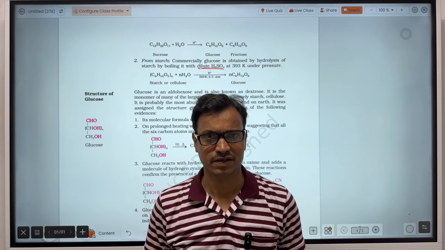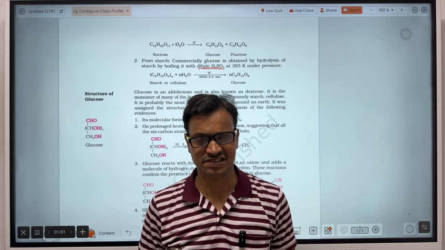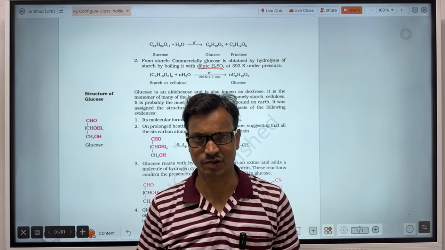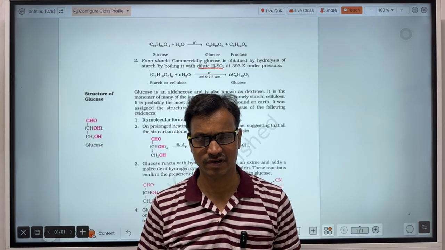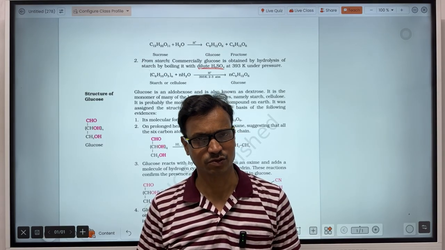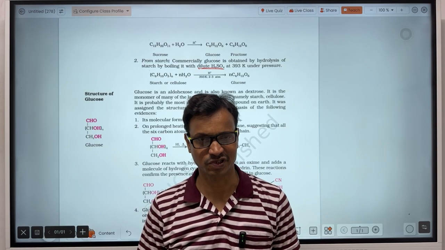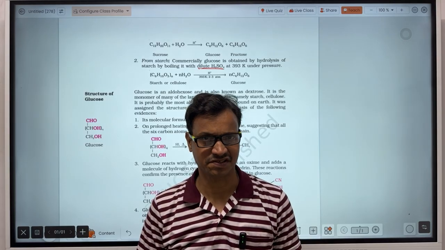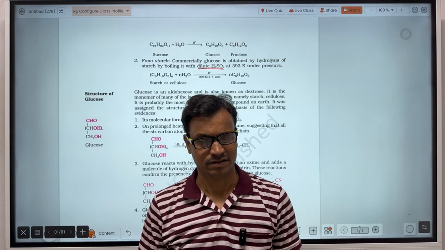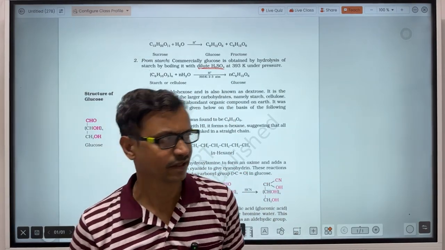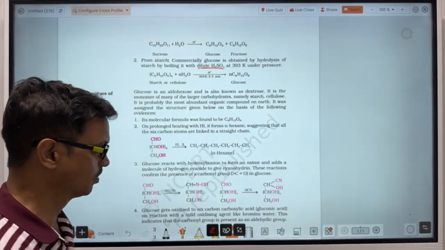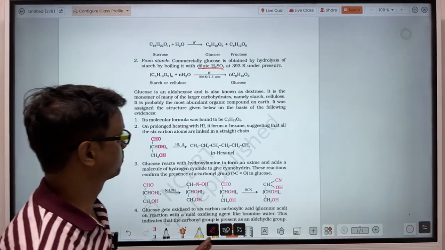Second, when we hydrolyze starch, which is a polysaccharide composed of a number of glucose molecules, we get a number of glucose molecules. Okay, that was about the preparation, how we prepare glucose.